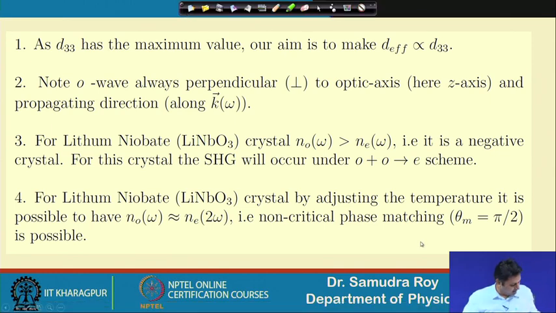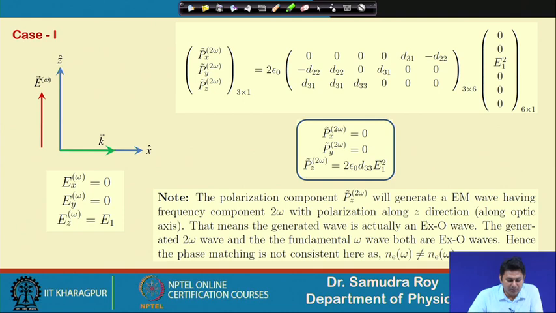Next, we will try to understand second harmonic generation in two different cases, like we have done for KDP crystal. Here, in the first case, the electric field is in the z direction. If the electric field is along the z direction, it is perpendicular to k, because k is along the x direction.